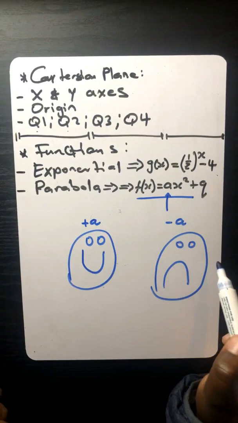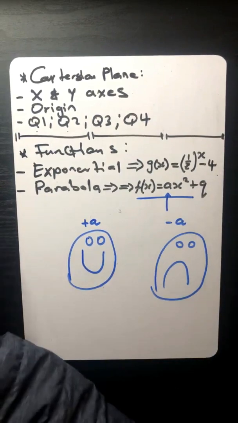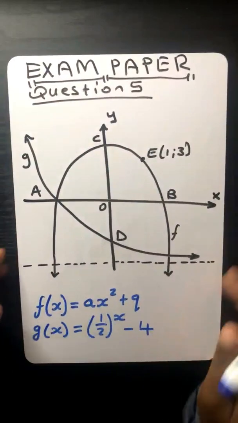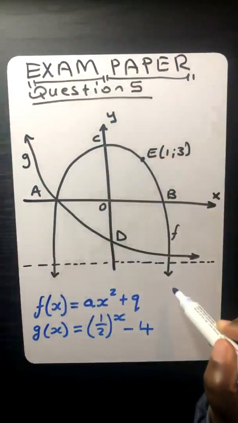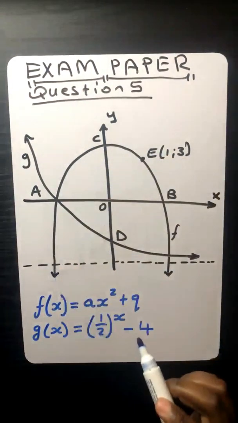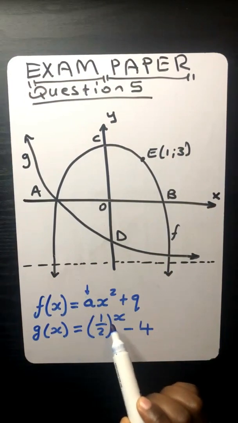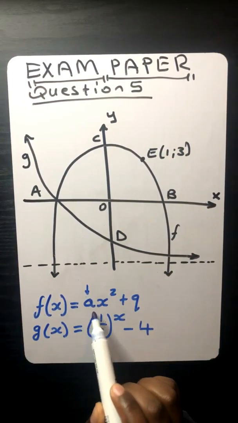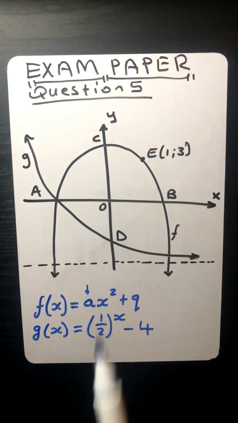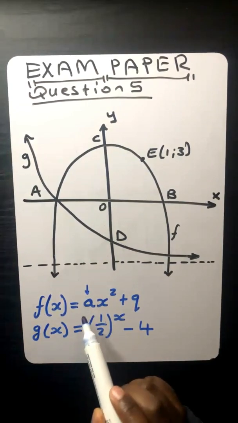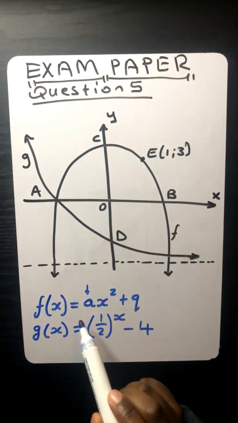That's what I wanted you to say. Because the function of the parabola is already sketched over there, you can see it makes a sad shape, which means this A value, if the question says calculate A value, is going to be a negative value. If you get a positive value, you must know you've made a mistake somewhere.